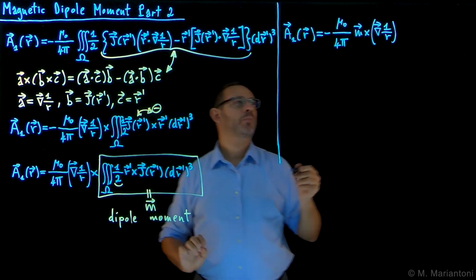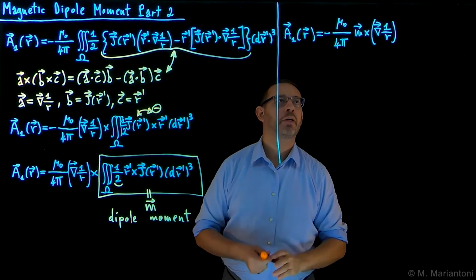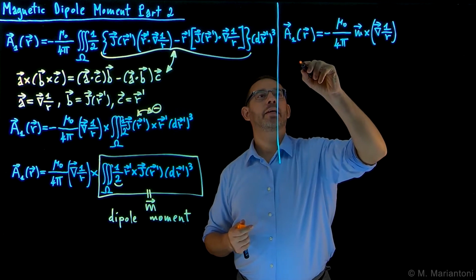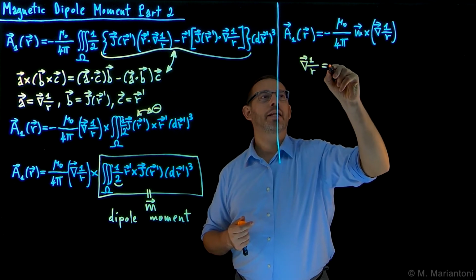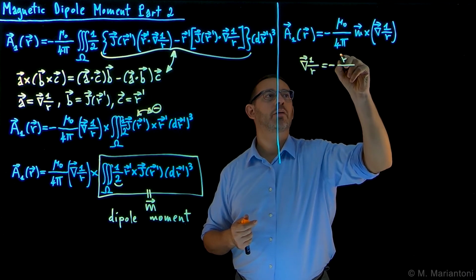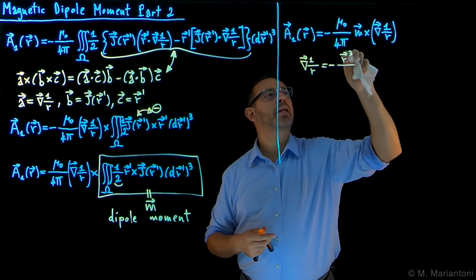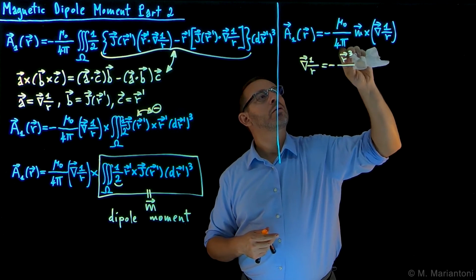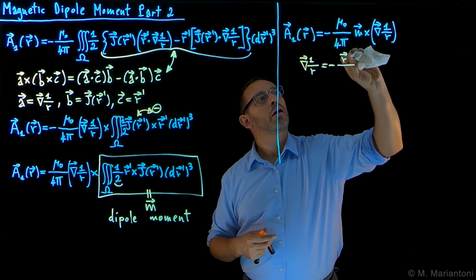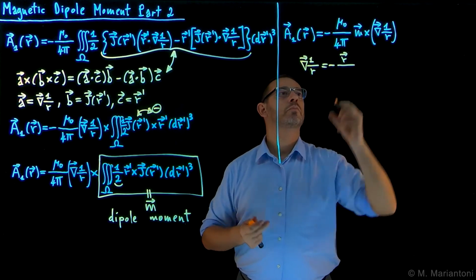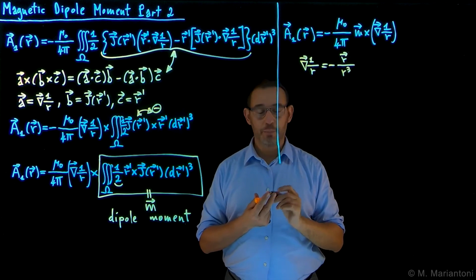This is my m. Now we know from several previous videos that the gradient of 1 over R actually is nothing but minus R vector over R cube scalar, with the minus sign.